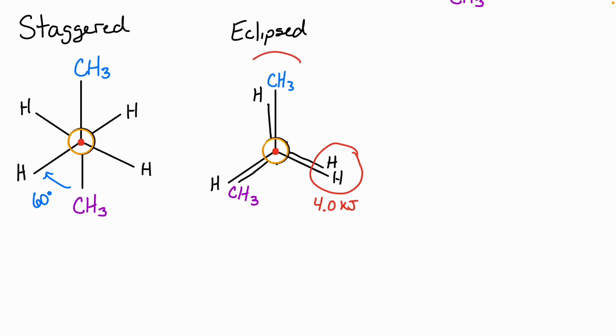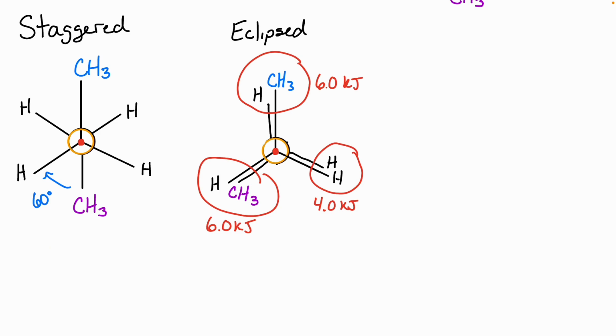And then I have a hydrogen methyl eclipsed. This comes with a 6 kilojoule penalty. And what about my last eclipsed structure? Which one's that? Also going to be the 6, right? Also hydrogen methyl. So this is going to be another 6 kilojoule penalty here.